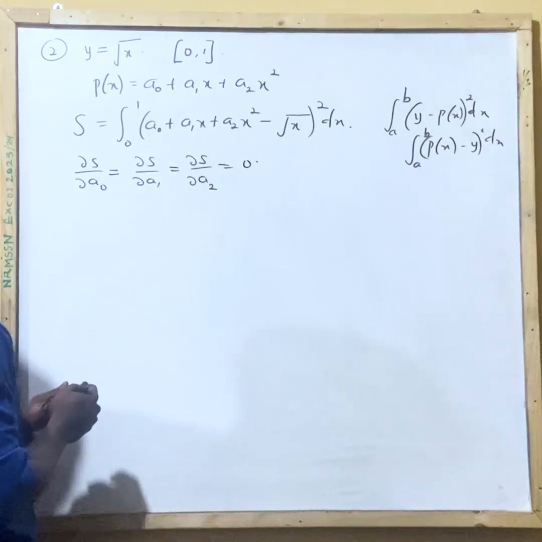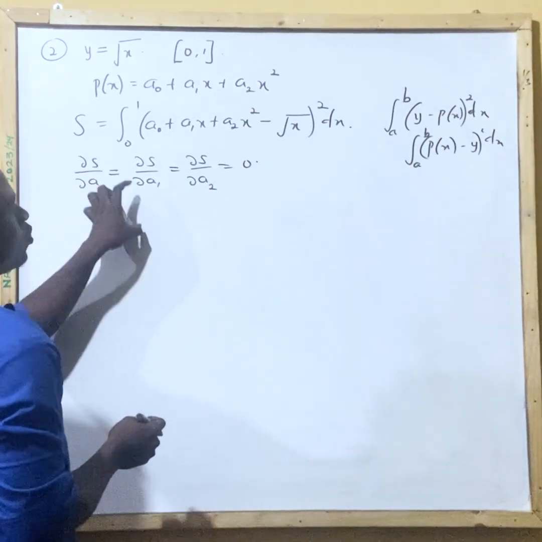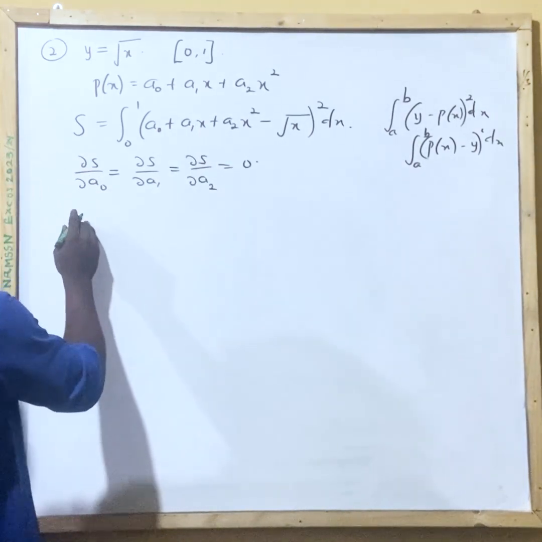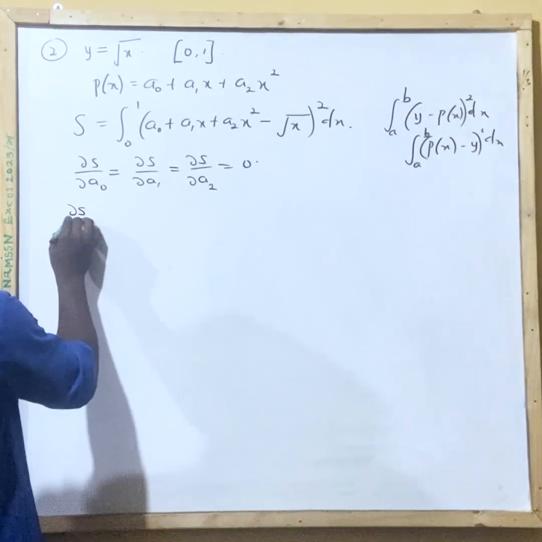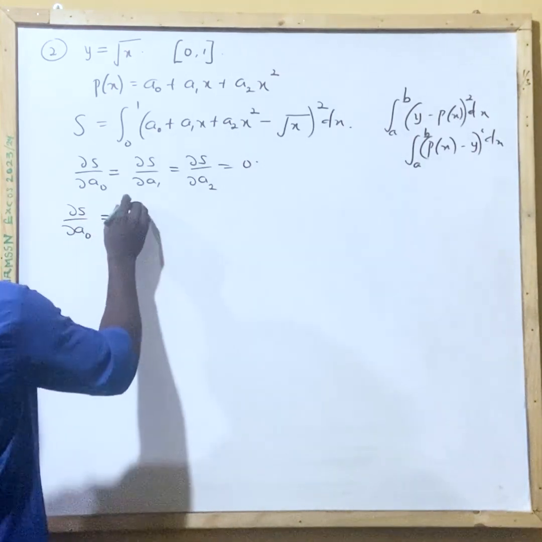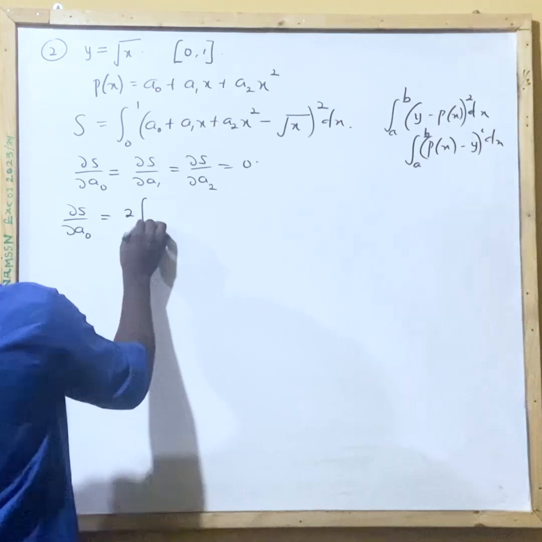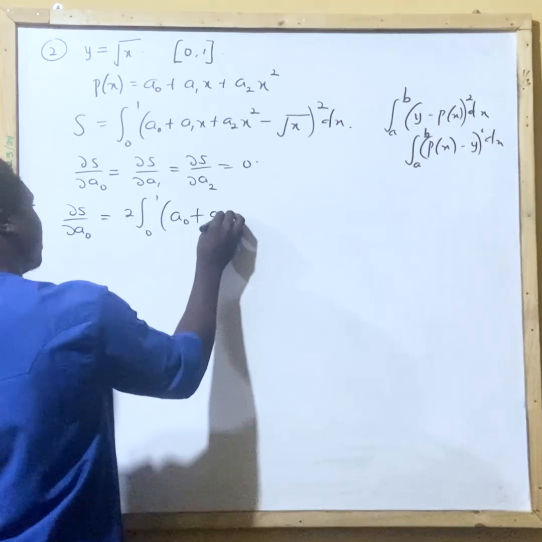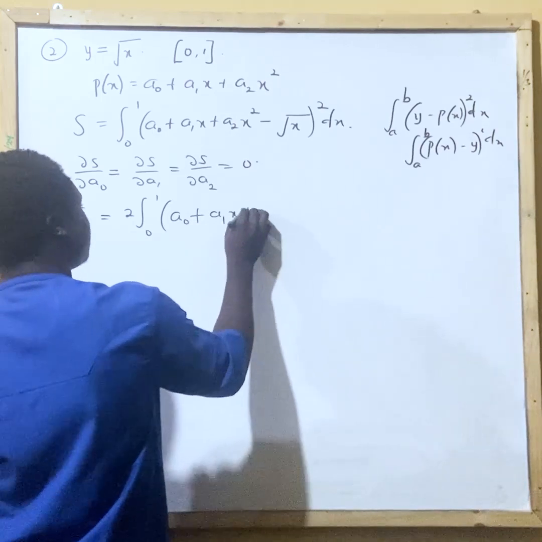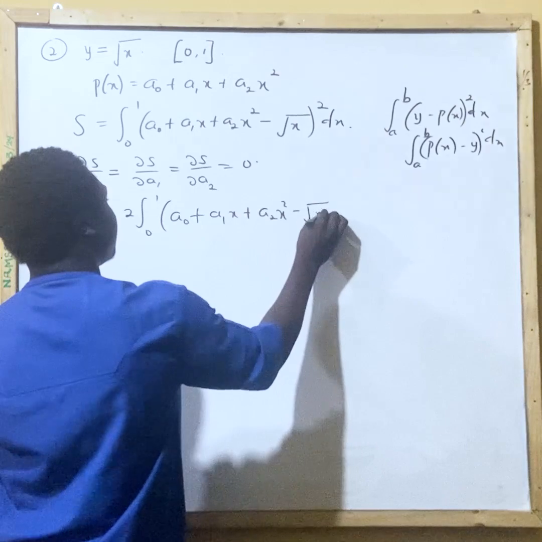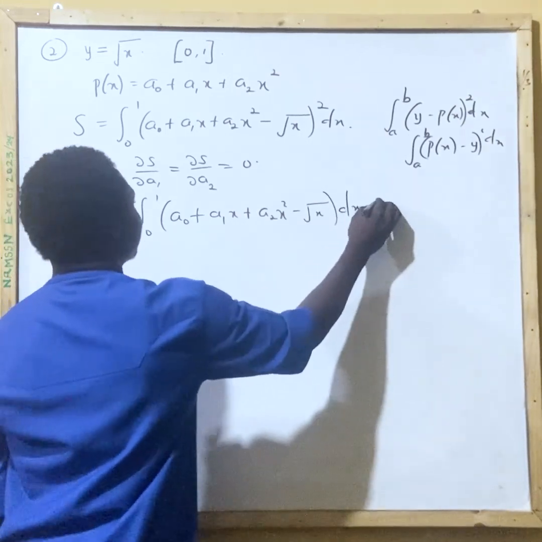So if I start with a naught, the partial derivative of S with respect to a naught is given as 2 integral 0 to 1 of a naught plus a1x plus a2x squared minus square root of x dx, and it should be 0.